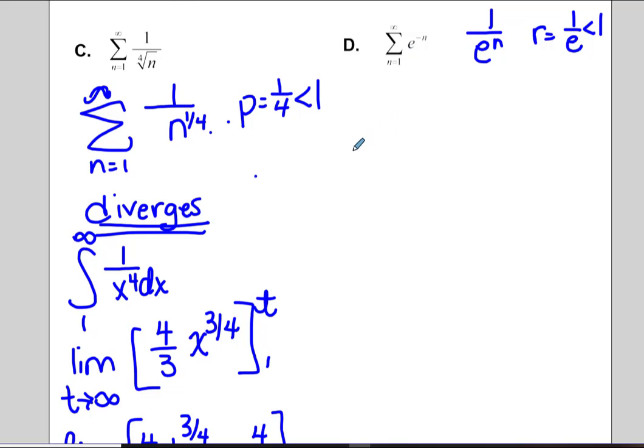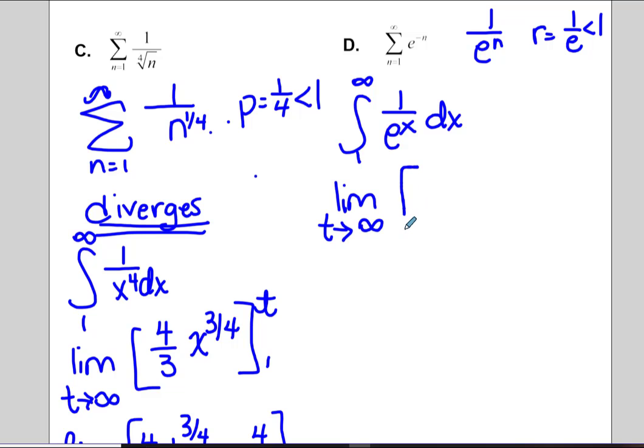And using our integral test, we have the integral from 1 to infinity of 1 over e to the x dx, which is the limit as t approaches infinity. And then the integral of e to the negative x is e to the negative x with a negative 1, evaluated from 1 to t.